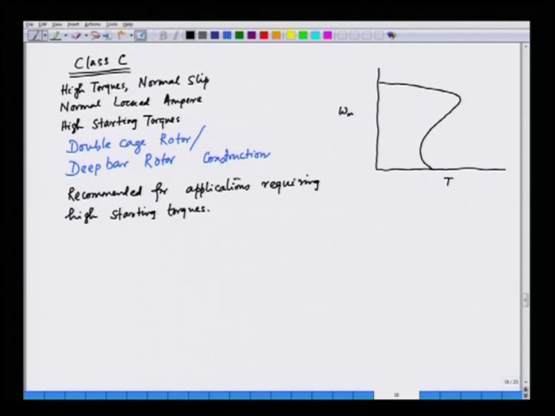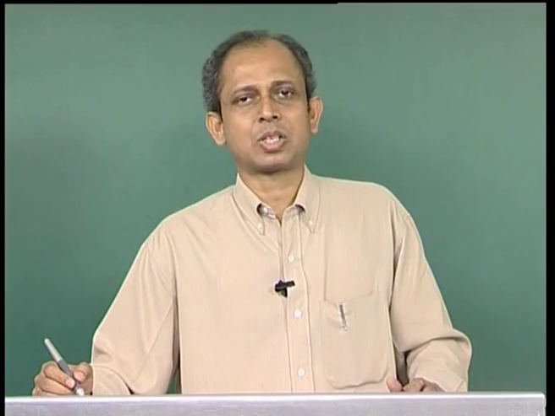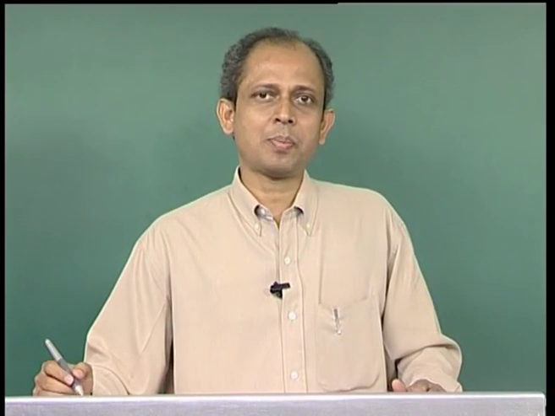And then we have another class of motor called class D motor. Class D motors have a very high rotor resistance. When the rotor resistance is increased, naturally the locked ampere or the starting current is reduced. There are many applications which require frequent starts and stops, for example the punching machine and the press.